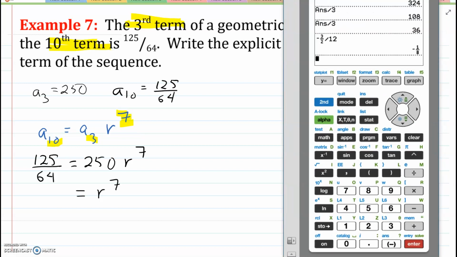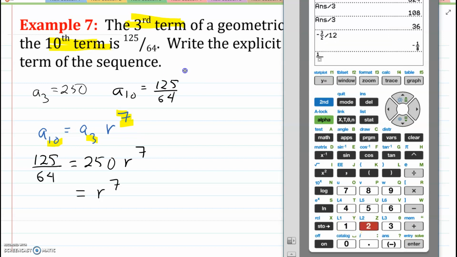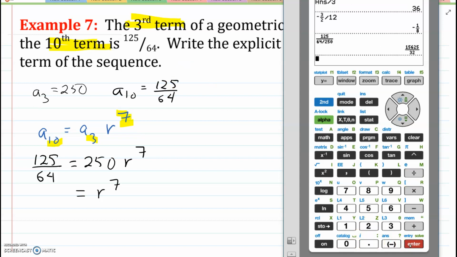And we're going to say, if I take 125 over 64, and if I divide that by 250, that's going to get me, okay, I'm looking at a rather ugly number here. Okay, let me try it again.